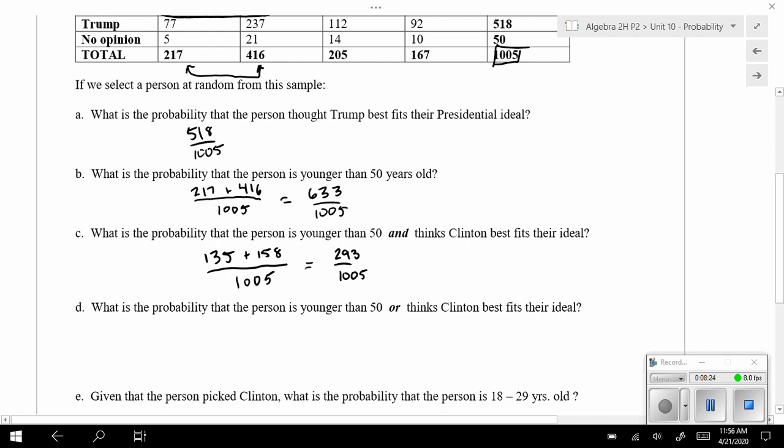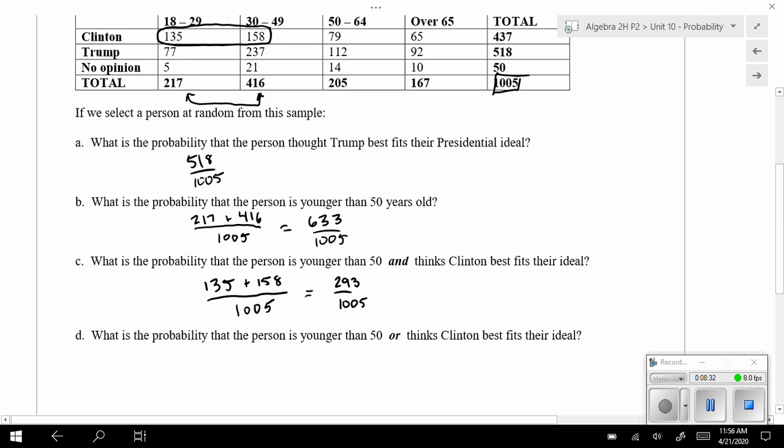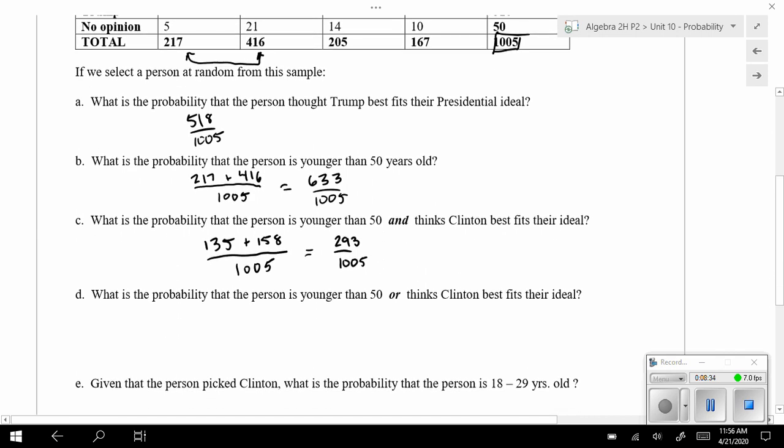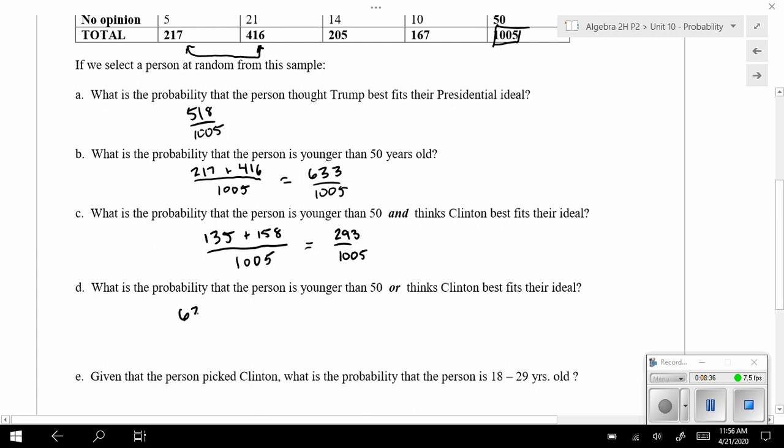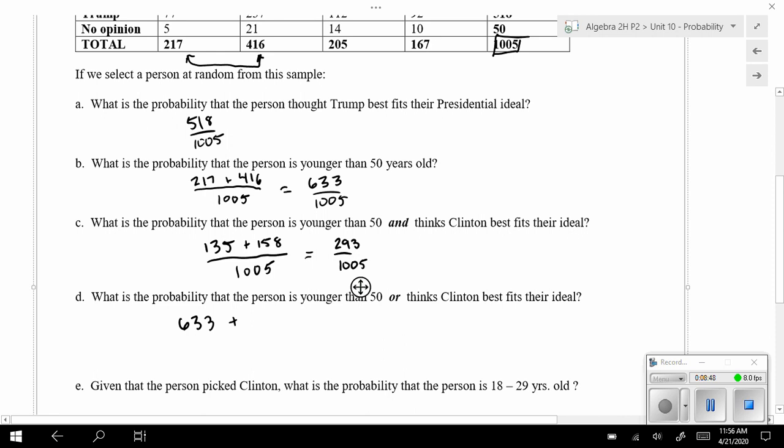What is the probability that a person is younger than 50 or thinks Clinton best fits their ideal? So the younger than 50 group we have is 633. The Clinton group is 437, so that's the margin value there.